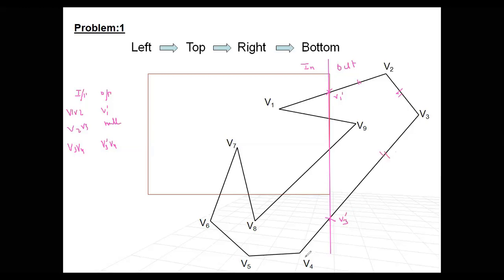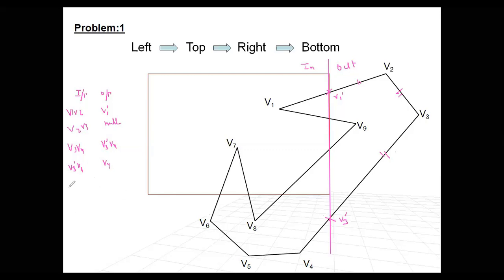So this will be clipped. Now you will move from V3 dash to V4, what will be saved? Because it is inside, V4 will be saved.